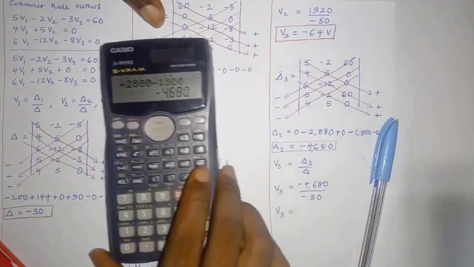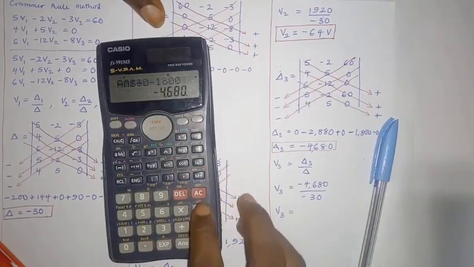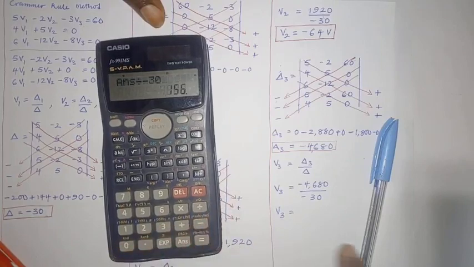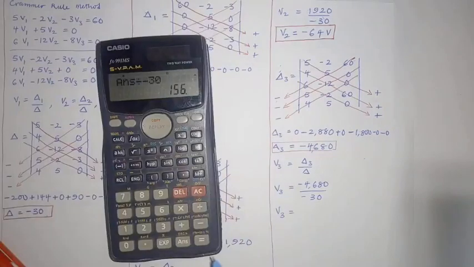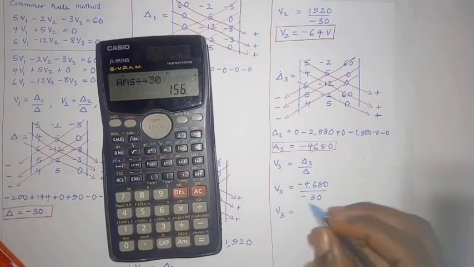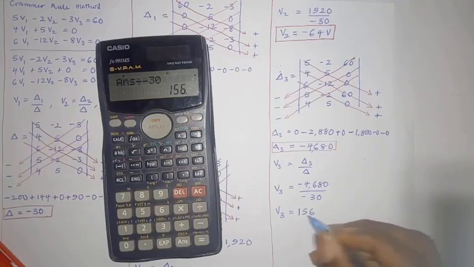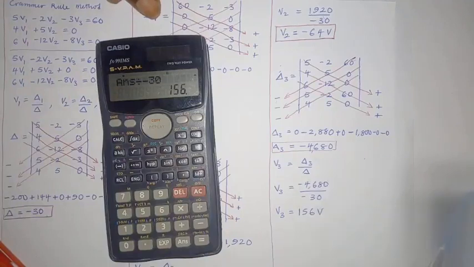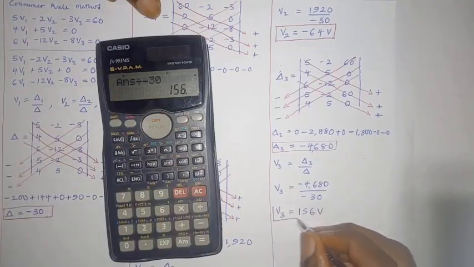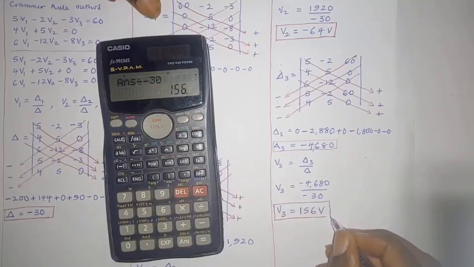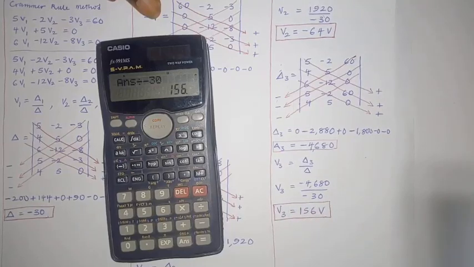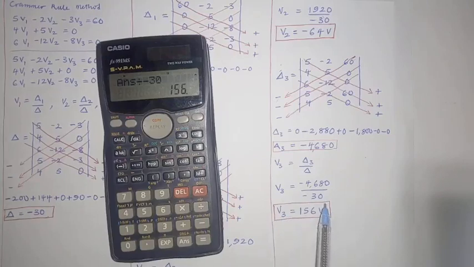I got it out on my calculator, minus 4,680 divided by minus 30 equal to 156. So 156 volts. Don't forget the unit. I keep telling you, if you don't put the units, all what you've been doing since morning is 0. So we've gotten our V3. Our V3 is 156 volts.